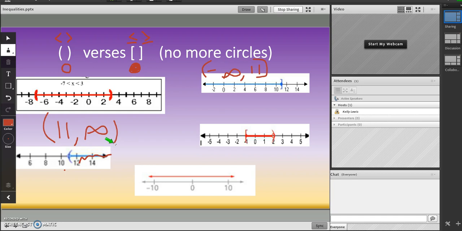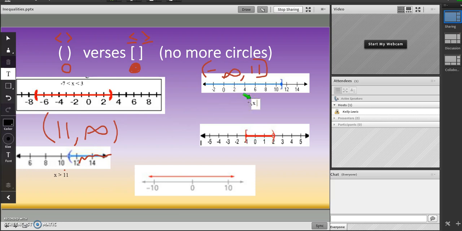Let me go back and show you a couple of things. If we wanted to write this one in normal notation, this means that x can be anything greater than 11.